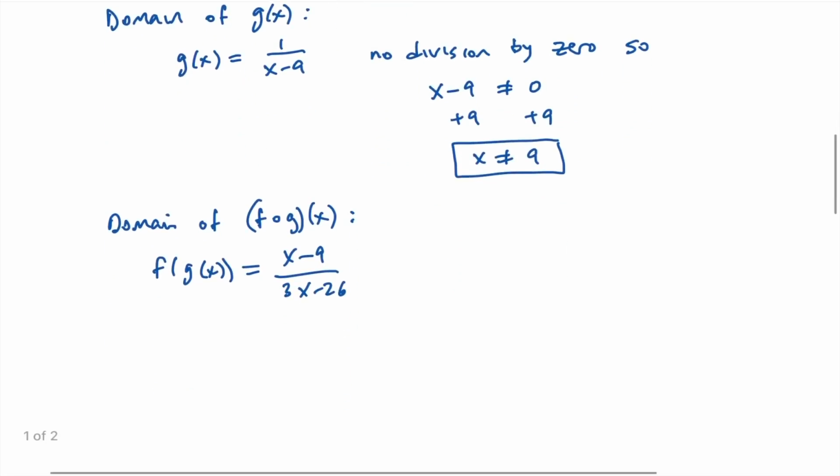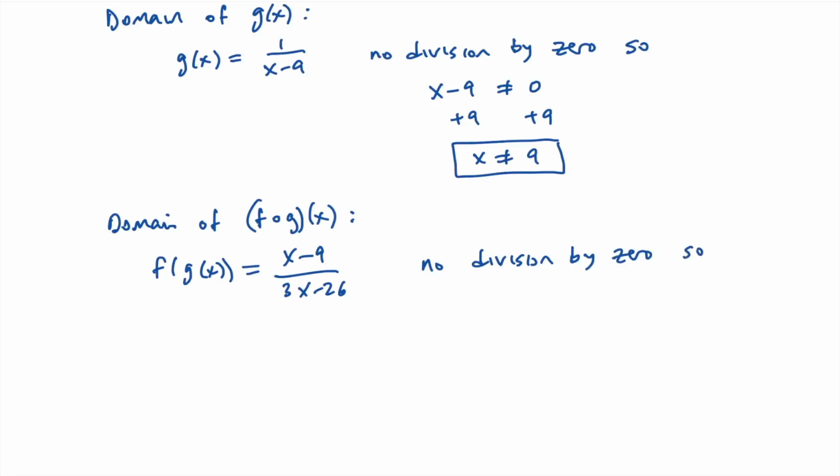Okay, again, we can allow no division by 0. And so this time, 3x minus 26 cannot be 0. So we add the 26, and we get 3x is equal to 26.